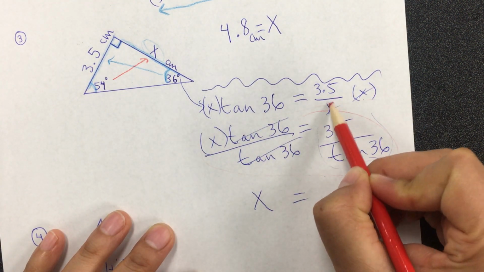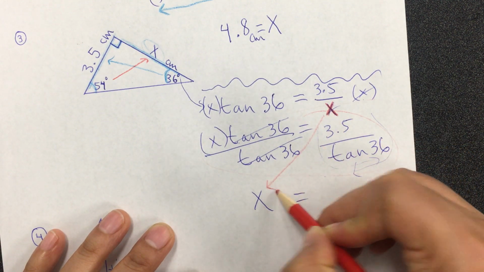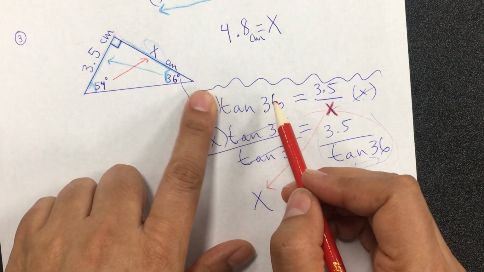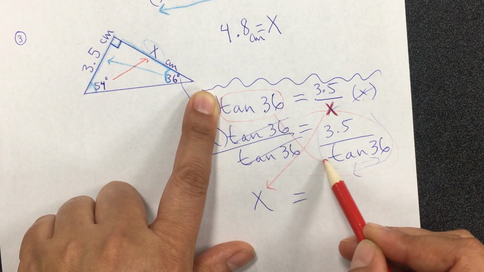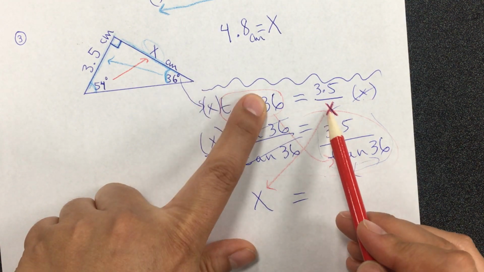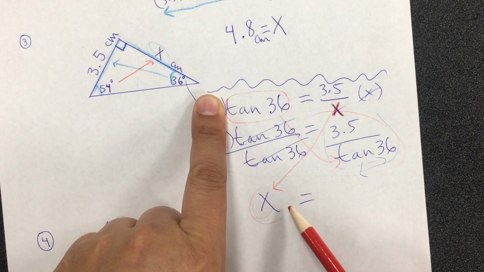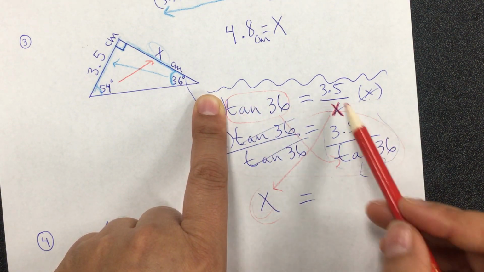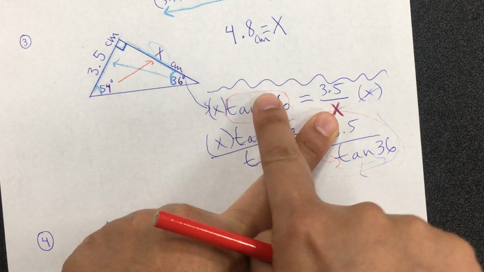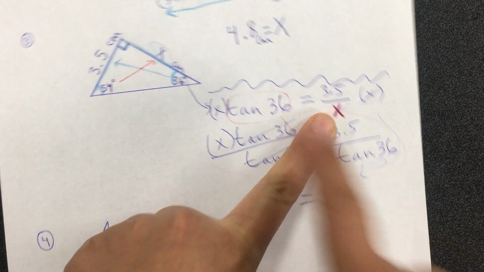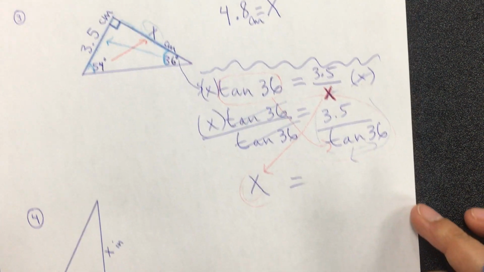Whenever you have the x in the denominator, you can just bring it over here. And it didn't have this x over here, right? And this tangent of 36, just bring it in the denominator. So these two switch places. The x is in the place of tangent of 36, and the tangent of 36 is where the x was, in the denominator. Okay, just switch those. X in here, tangent of 36 in here. And that's a shortcut. Ask your teacher if they're okay with it though.